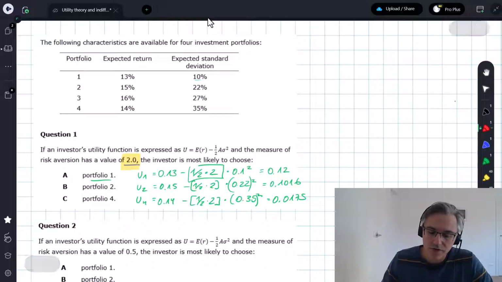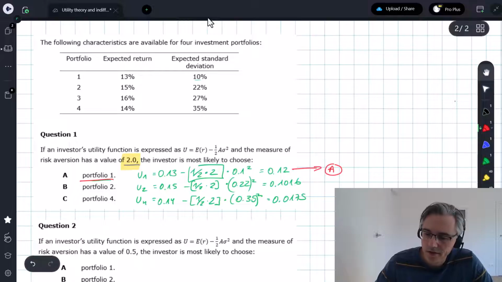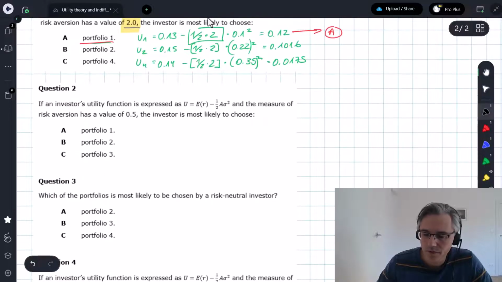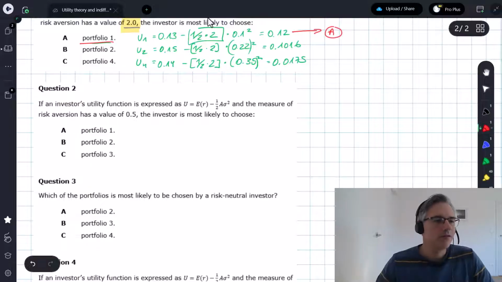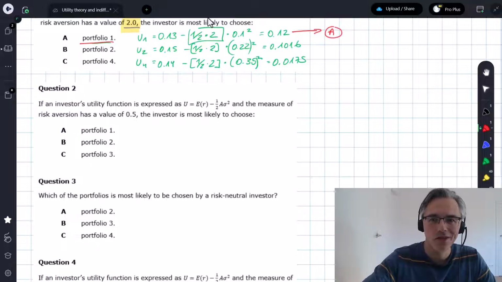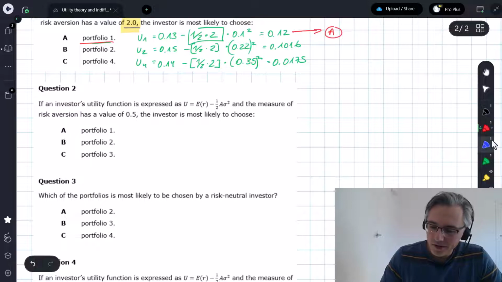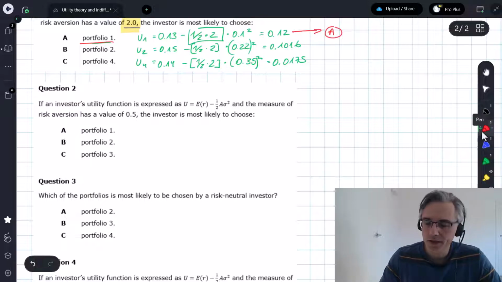So if I was to optimize here as an investor with this utility function, we would go with answer A, which is portfolio 1. By the way, it's very difficult to appreciate what somebody's utility function is. It's a very nice theoretical construct, but in reality, you never know. It's very difficult to measure somebody's utility function and find an expression for it.